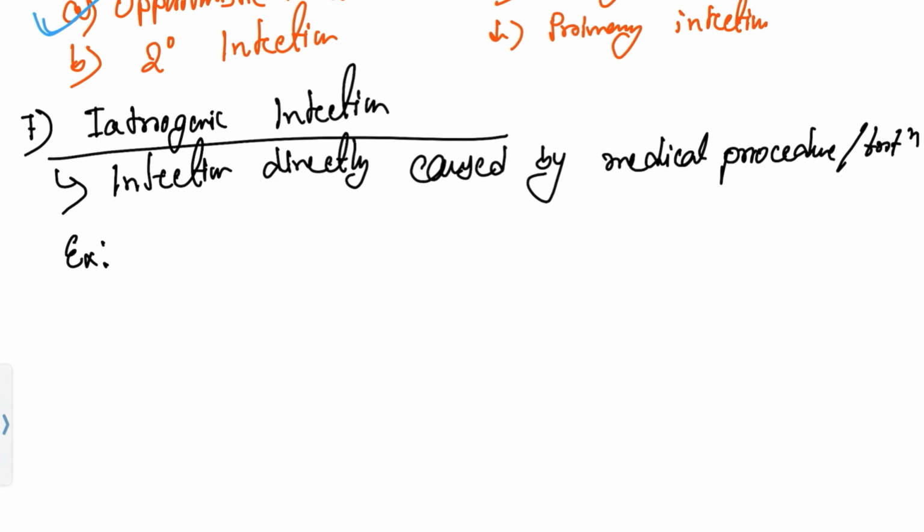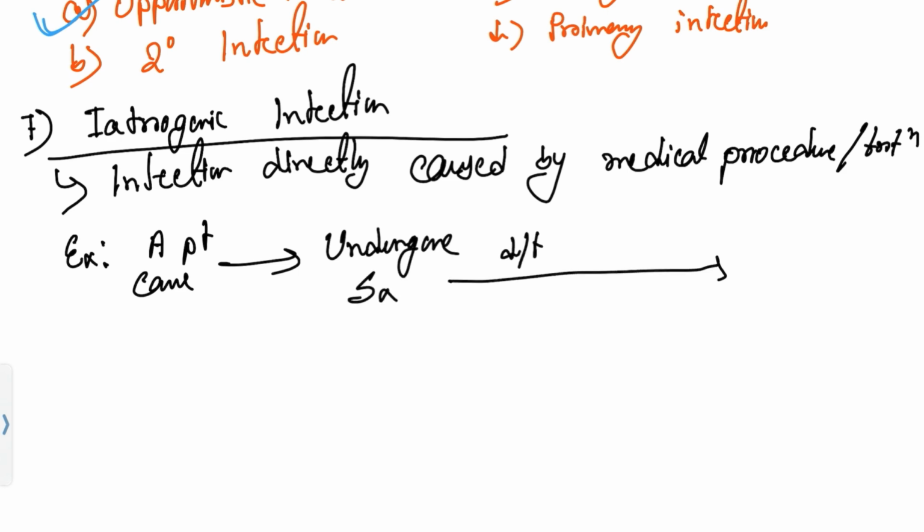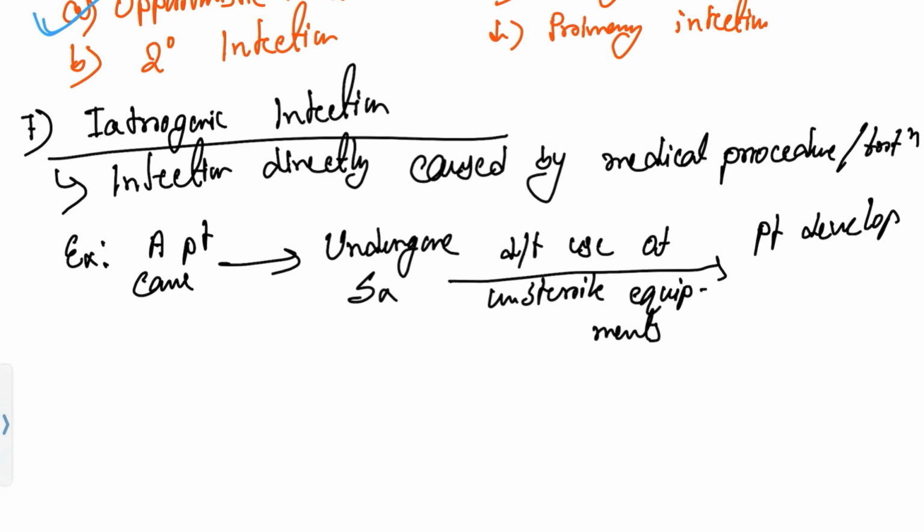So let's give an example: a patient came to hospital and underwent surgery. Now, due to use of unsterile equipment, either any OT instruments or any contaminated instruments, the patient develops infection.